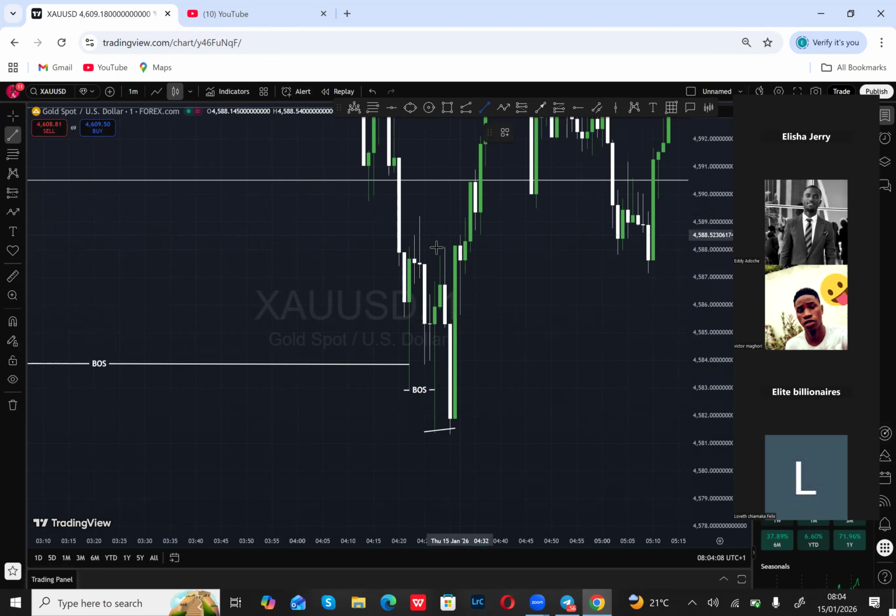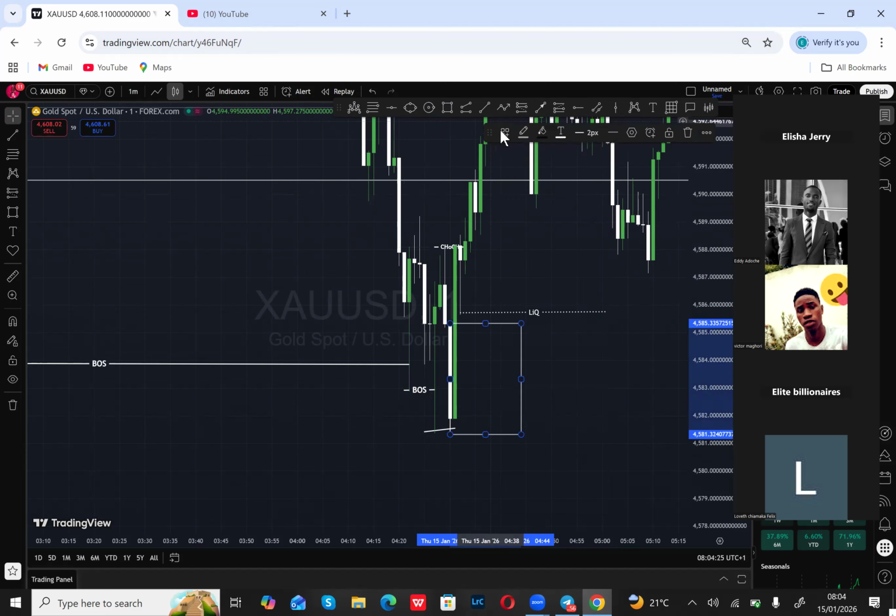You will now have your change of character here, and then this as liquidity for this zone here.